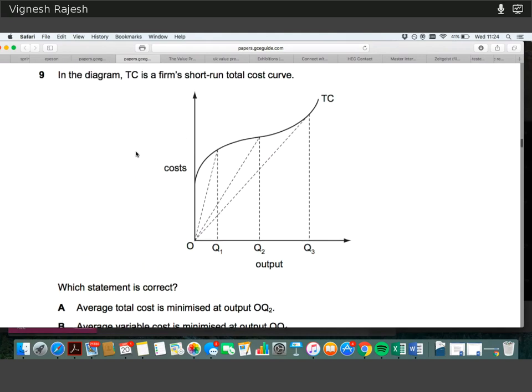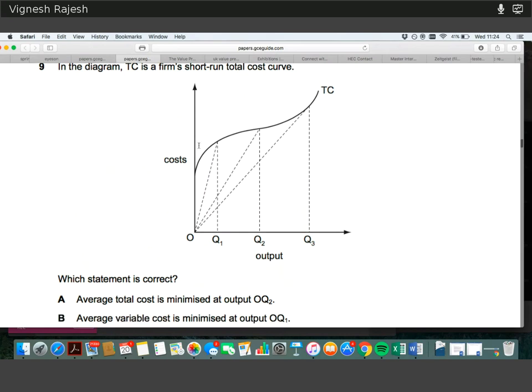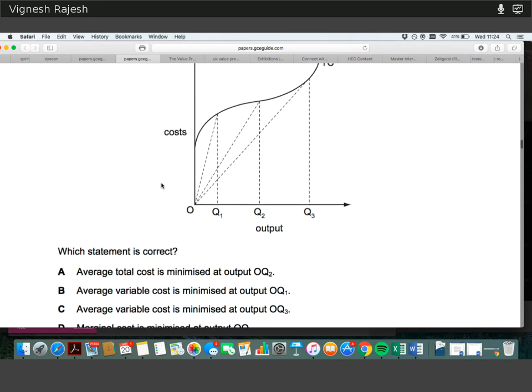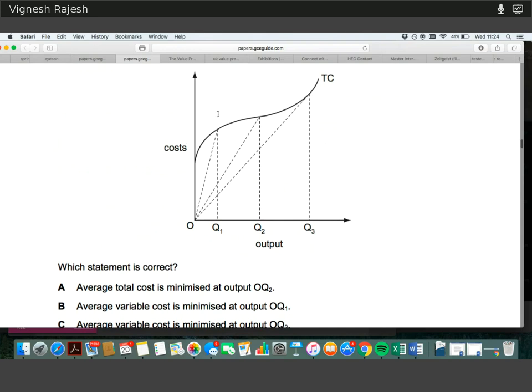Question 9. This can be quite a confusing one because you may start to use these dotted lines to work out average costs. But ultimately, it's quite difficult to determine. You can't really determine the average cost because that's the total cost divided by the total quantity, which is not displayed on this graph because you haven't been given any figures.